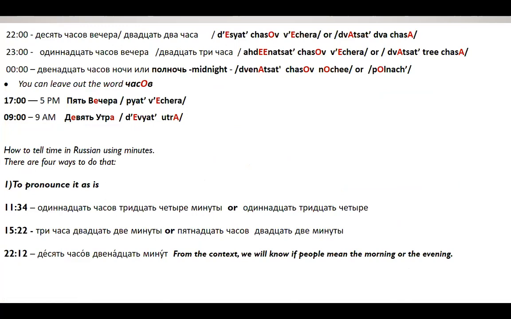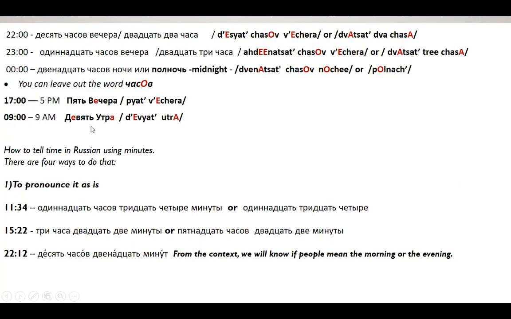Sometimes you can leave out the word часов and it will be understood that you're talking about time anyway. For 17:00, 5 p.m., you can leave out the word часов and just use 5 вечера, 5 of the evening. Or you can use 9 утра.